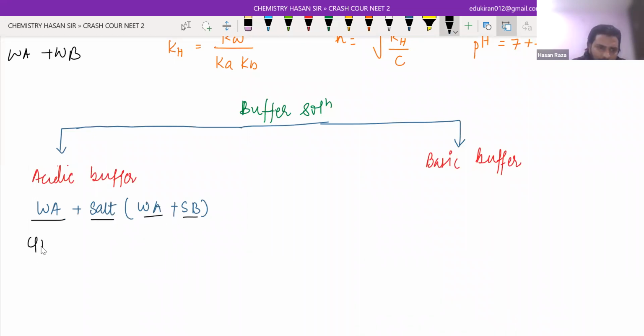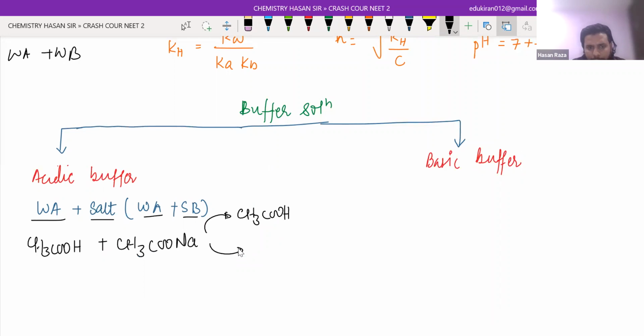Let's take an example, CH3COOH, which is ethanoic acid, an organic acid, which is a weak acid. And the salt, take it as CH3COONa, and this salt comes from the weak acid, that is ethanoic acid, and a base, that is NaOH, sodium hydroxide.